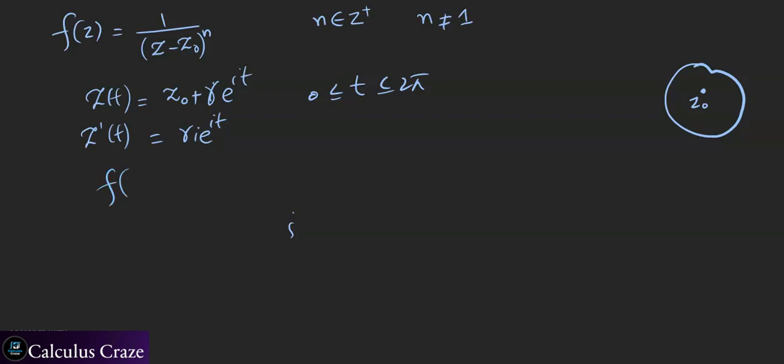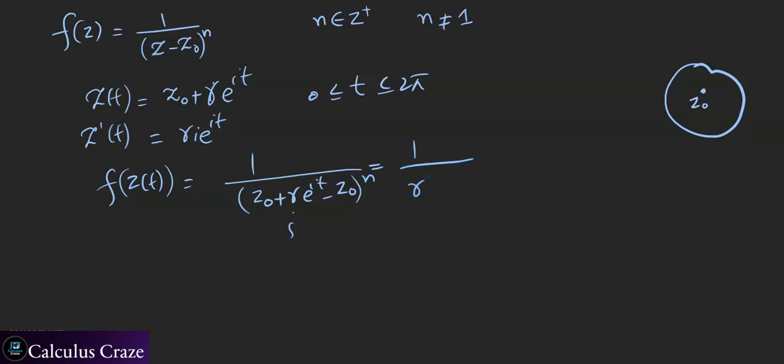What more do I need? I need f of z of t, which is going to be 1 over z naught plus r e to the iota t minus z naught, to the power n, and this can be simplified to get 1 over r to the power n times e to the iota n t.